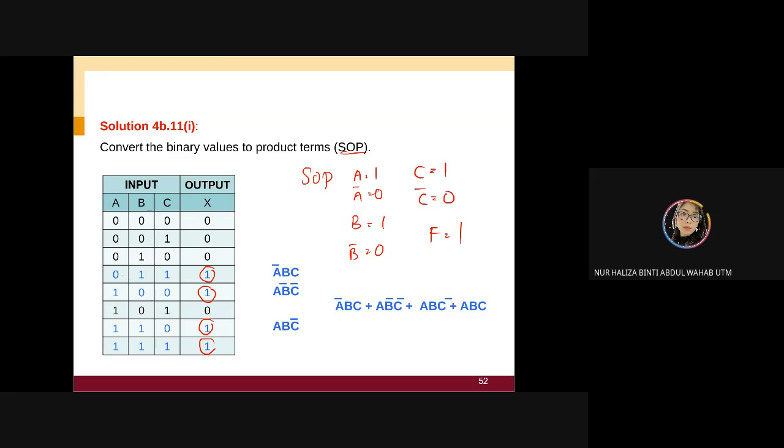So where your output is 1, you will have 0, 1, 1. And then you have 1, 0, 0. Then you have 1, 1, 0. Then you have another one, 1, 1, 1. Here you will get A bar BC plus A BC bar plus A BC bar plus A BC.